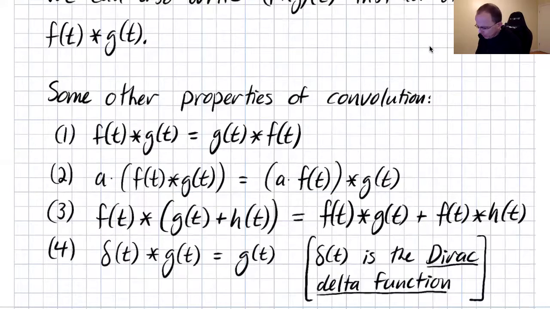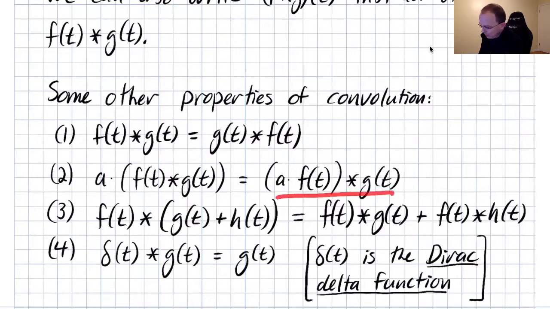Some other properties of convolution. One is that it doesn't matter what order you do it in, so f convolve g equals g convolve f, and it's pretty easy to see that. Also, if you multiply the convolution by a scalar a, then you can just multiply the function f by a and then convolve it with g.